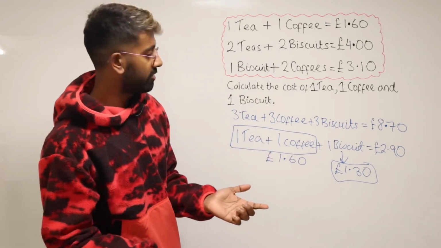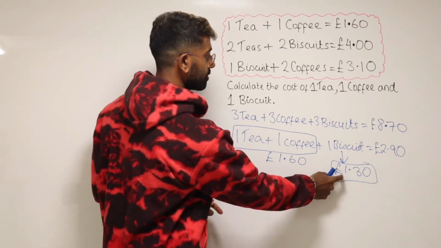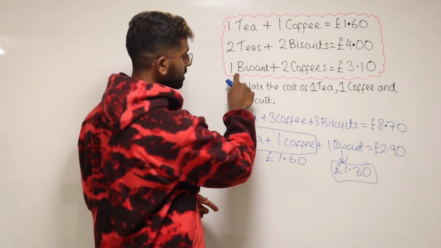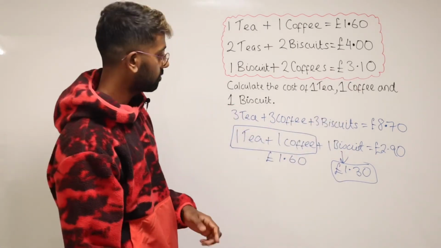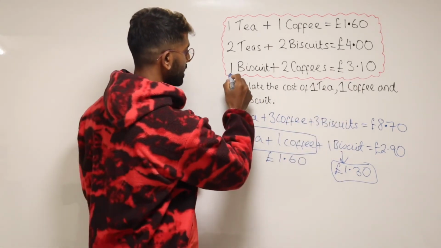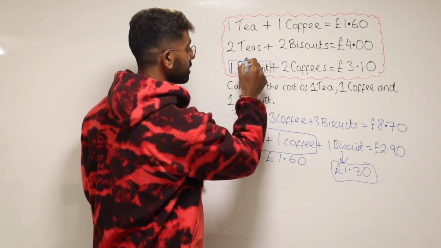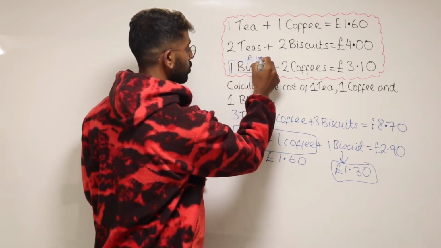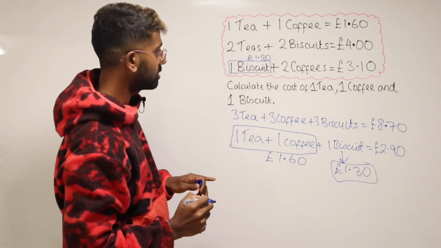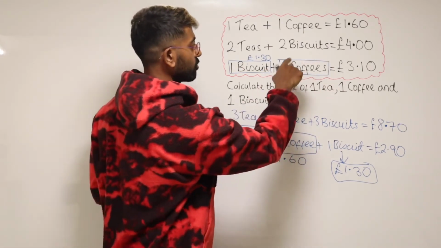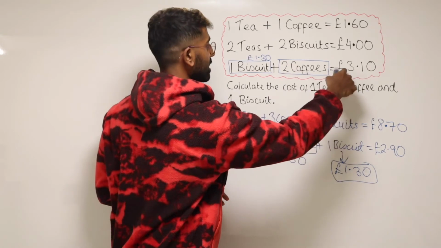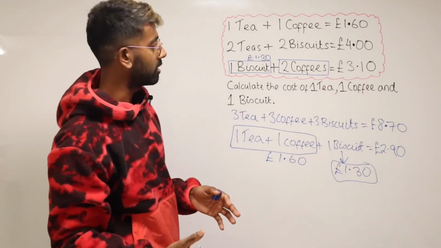And now what you could do with that is, if we know the price of a biscuit, we know 1 biscuit and 2 coffees is £3.10. So if we know now that a biscuit is £1.30, then that means these 2 coffees must be the remaining money to add up to £3.10.